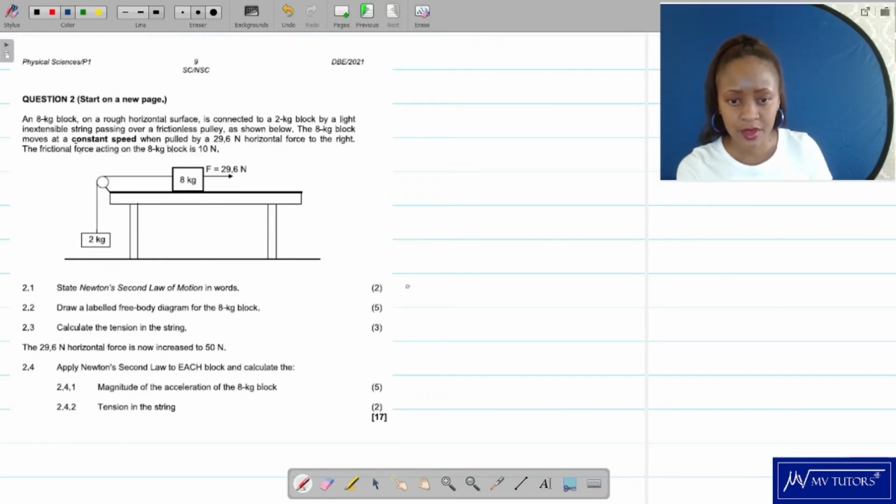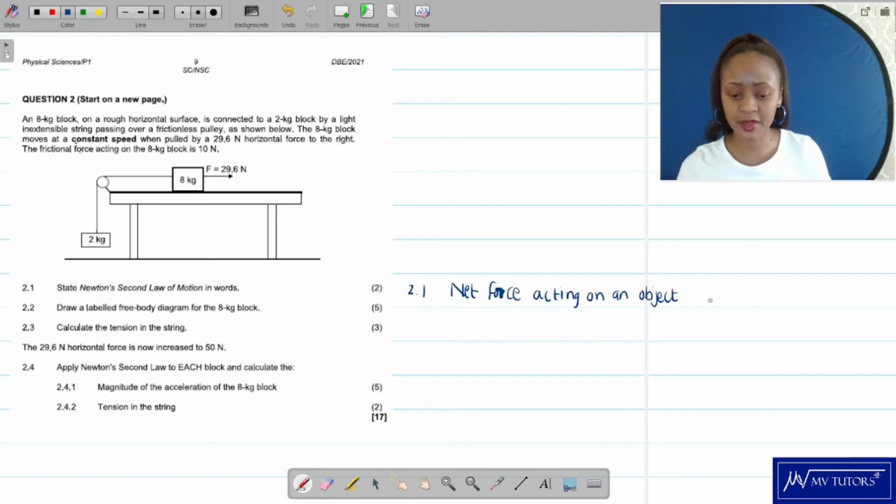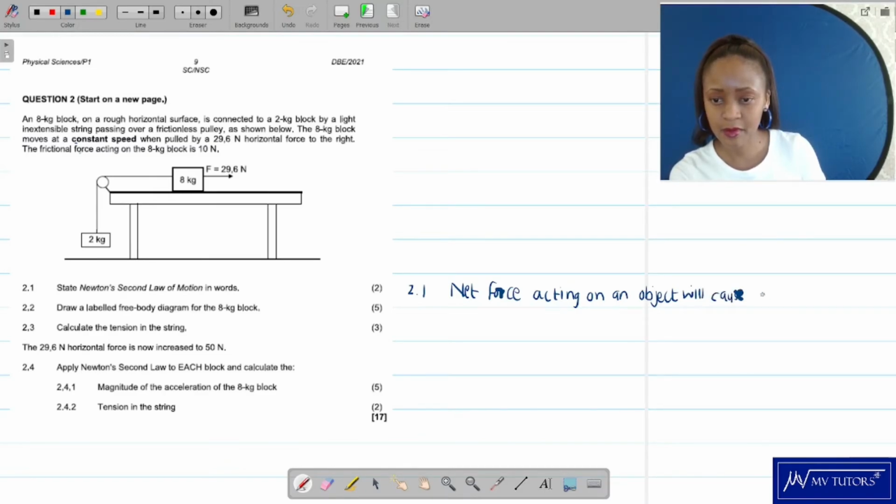Okay, so 2.1. So the net force acting on an object will cause that object to accelerate in its direction.